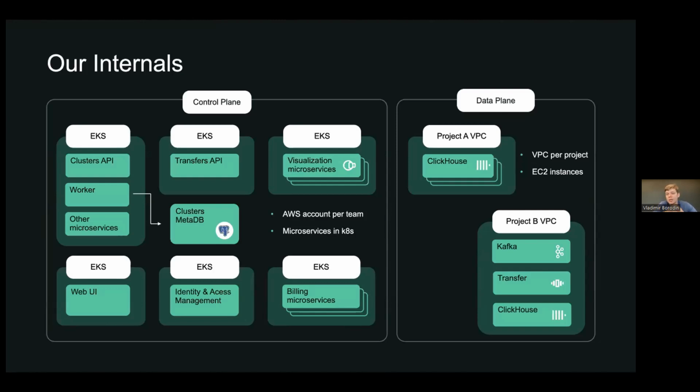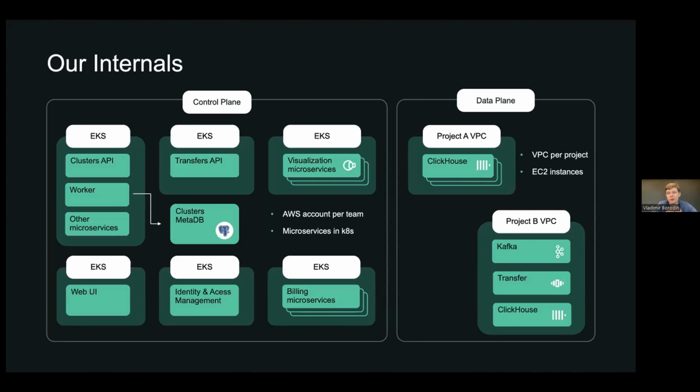It's kind of a best practice to run and maintain services on AWS from a security point of view and for ease of maintenance. For control plane, our runtime is Kubernetes, and we have several AWS accounts. Right now, 7, I think, for production. And control plane is a bunch of APIs that provide you with capabilities like, I don't know, creating a Kafka cluster or starting to transfer data from Google Ads to ClickHouse or something like that.